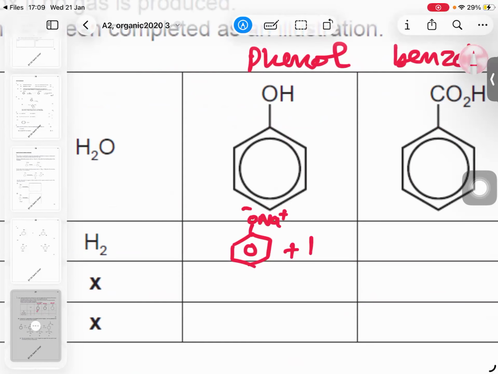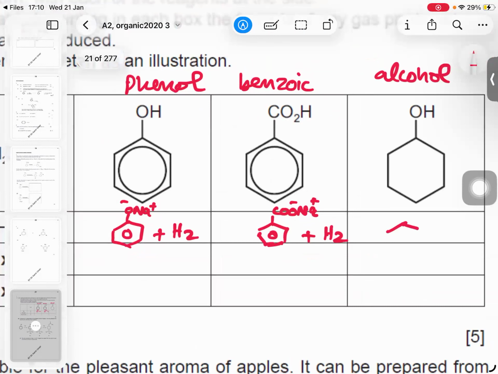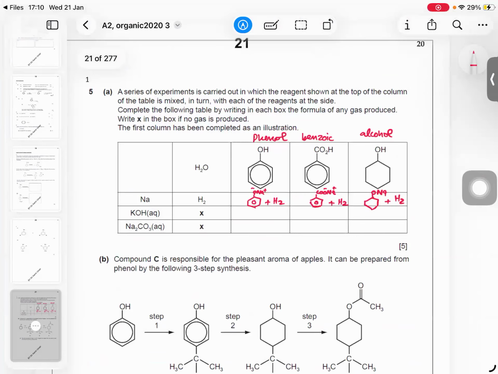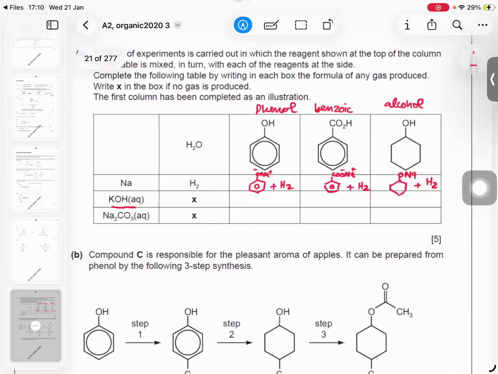Plus H2. When they react with carboxylic acid, the sodium metal does react, forming COONa plus H2. And then they react with cyclohexanol to form ONa plus H2. Okay, now coming to potassium hydroxide. Potassium hydroxide is an alkali. Do alkalis react with phenol?